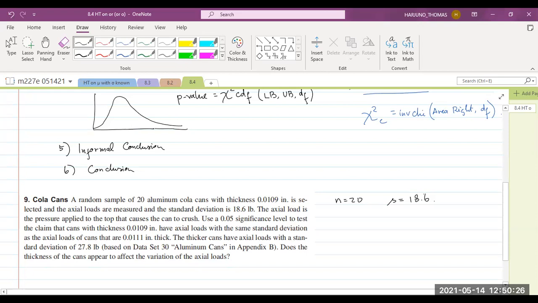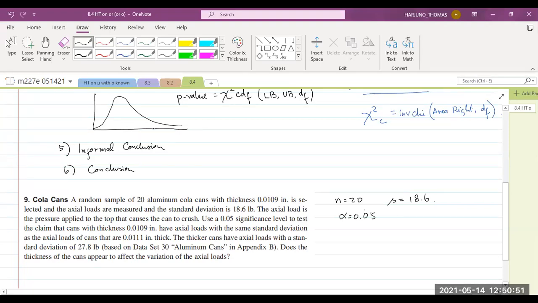Use a 0.05 significance level, so alpha is 0.05, to test the claim that cans with this thickness have axial loads with the same standard deviation as the axial loads of cans that are 0.0111 inch thick.